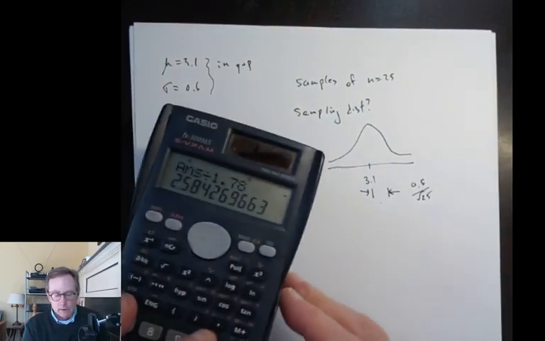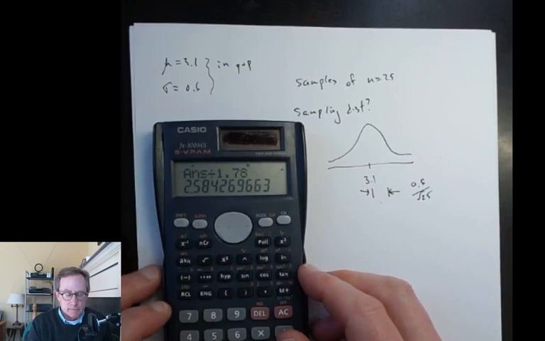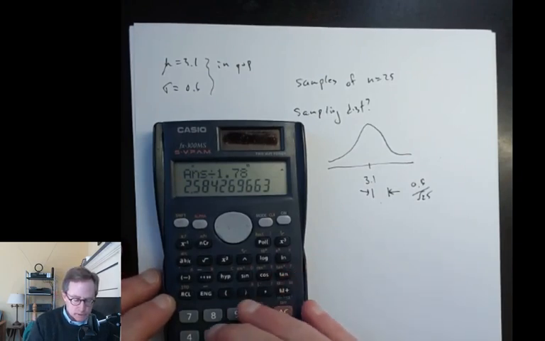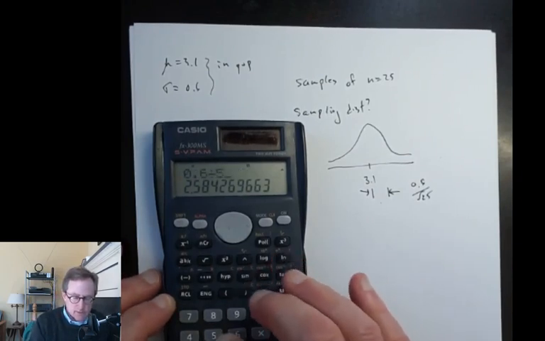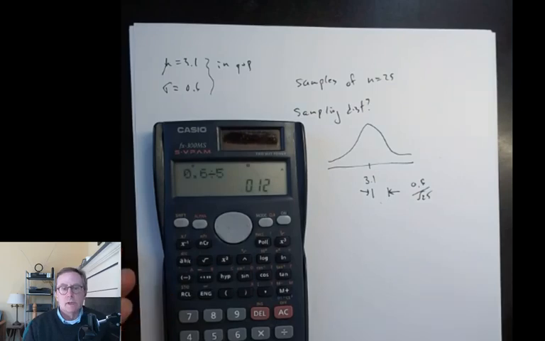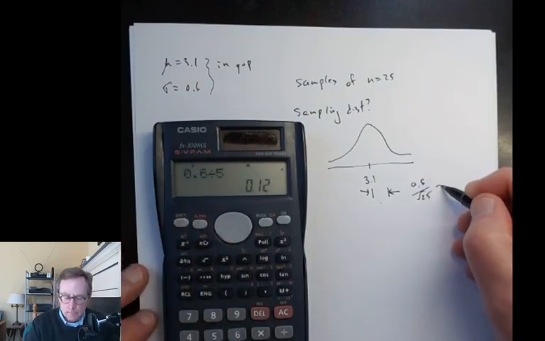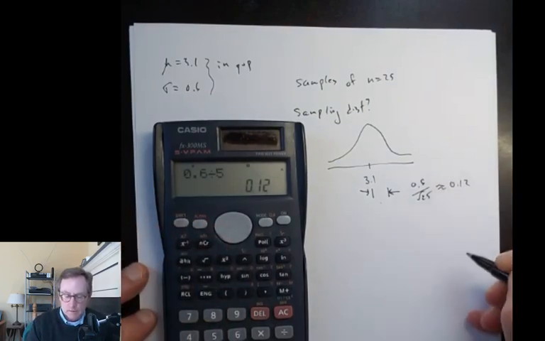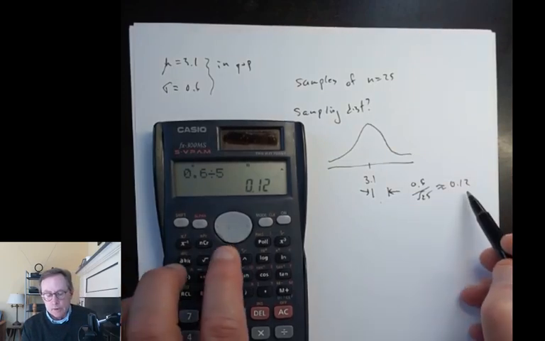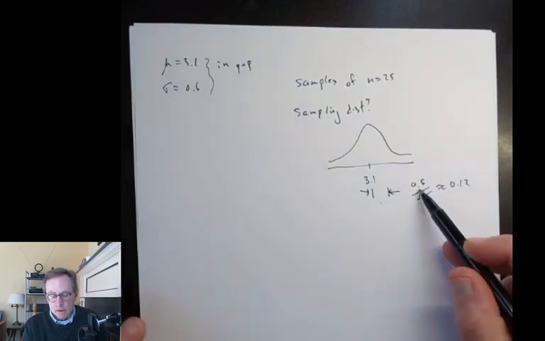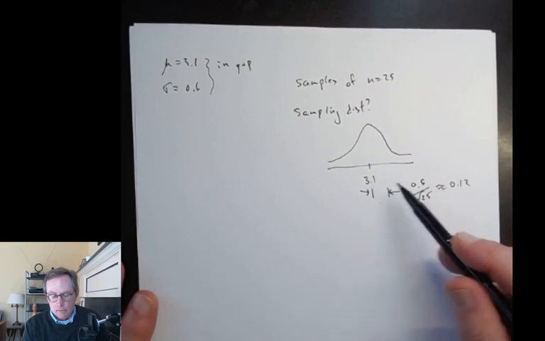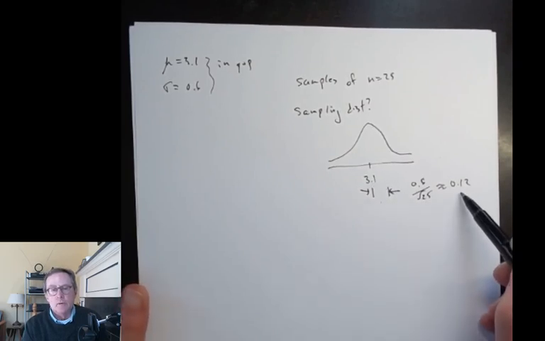Square root of 25 is 5, of course. So 0.6 divided by 5, and my calculator tells me the answer is 0.12. So the sampling distribution is going to have a middle of 3.1 and a spreadedness of 0.12.